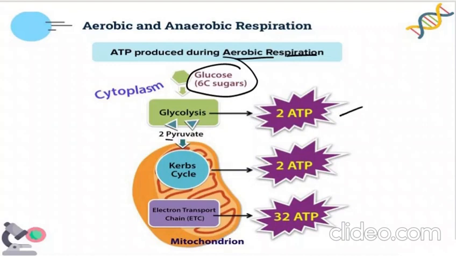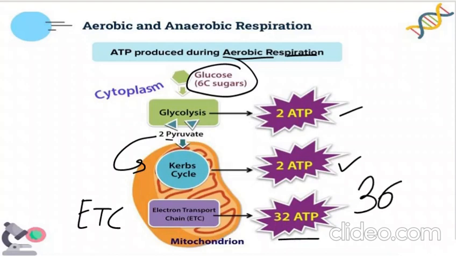When the two pyruvate molecules go into the Krebs cycle, again two ATPs are produced. At the end, in the mitochondria, when the electron transport chain occurs, 32 are produced. So in total, roughly 36 molecules of ATP are produced.